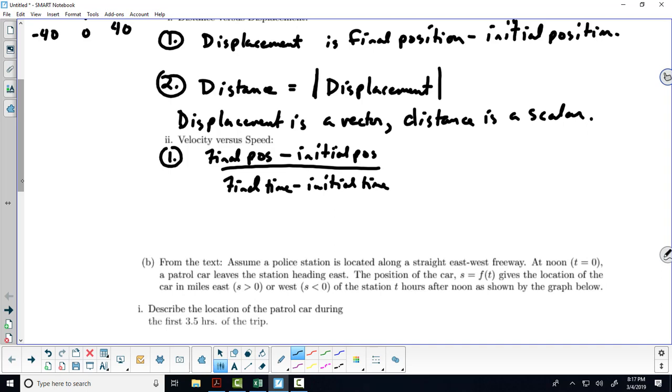That would be units of position, something like meters per second or miles per hour. That would give us the units on velocity. Okay. So again, that's final position minus initial position all over final time minus initial time. So this would be our velocity, where our speed is simply the absolute value of our velocity.